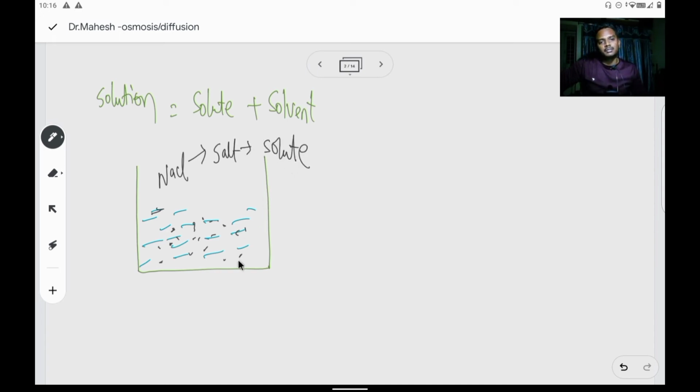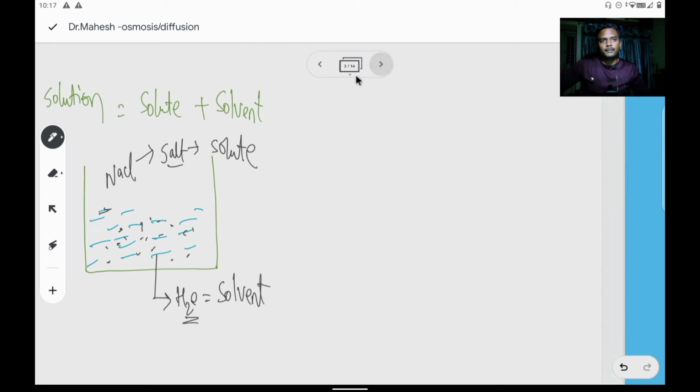In which does it dissolve? That is water. This is the solvent. Now you understand. If you understand the example, the definition will be easily understood and it will become easy to keep in mind. So salt is the solute and water is the solvent.